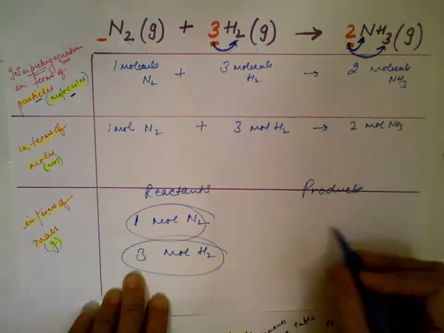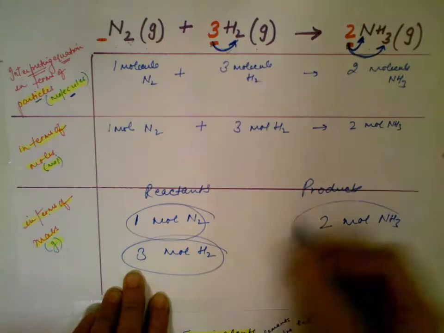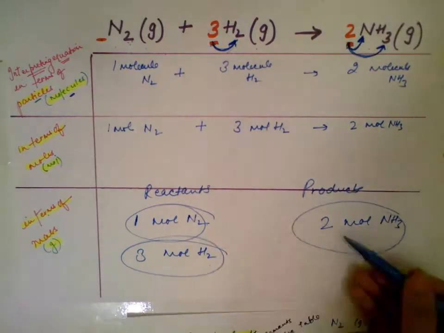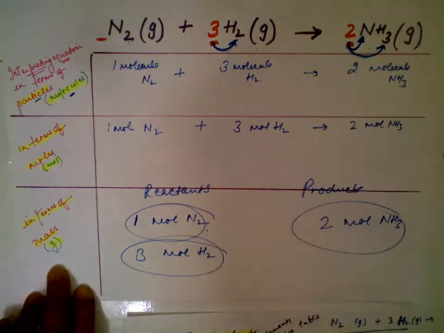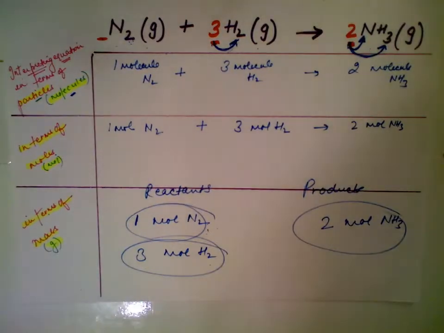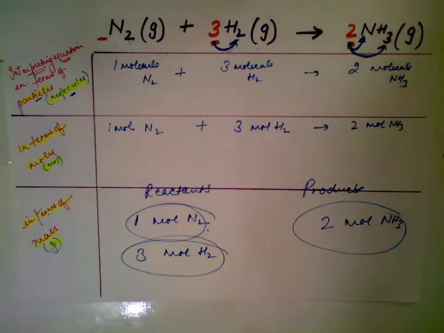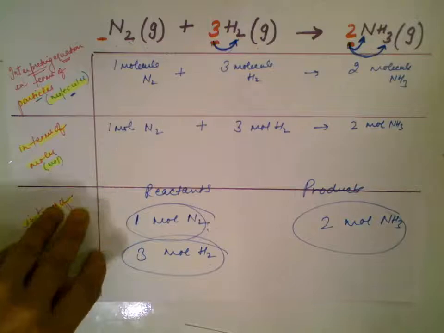And on the product side, I have 2 moles of ammonia. That is my product. So these are my substances. This is what is given already, the moles. Now I need to change it into mass. In order to change it into mass, we are going to use the conversion factor.